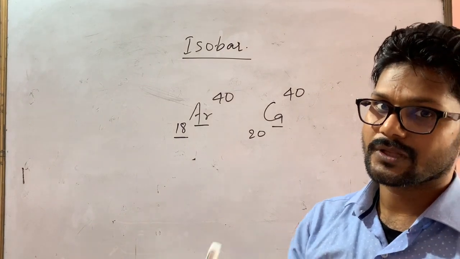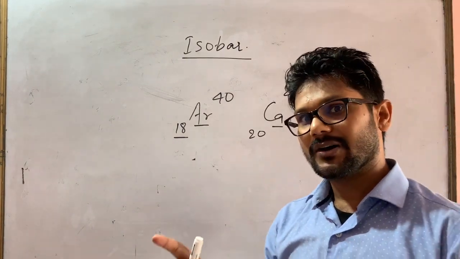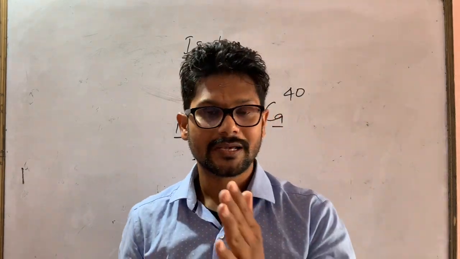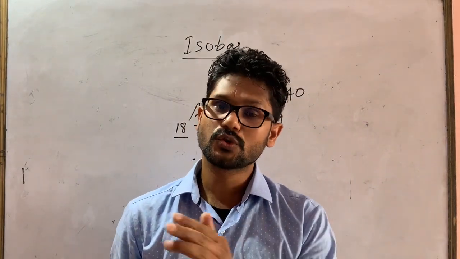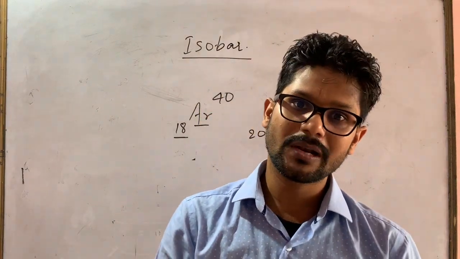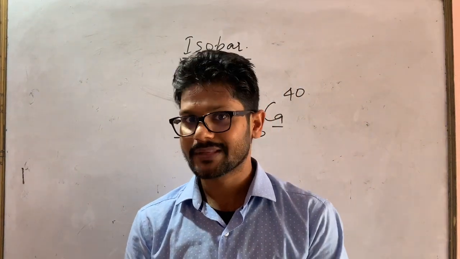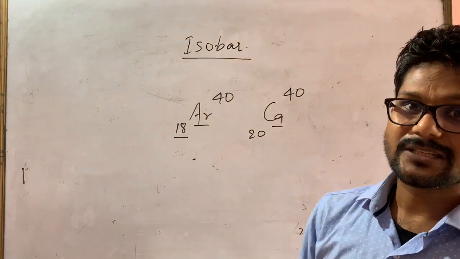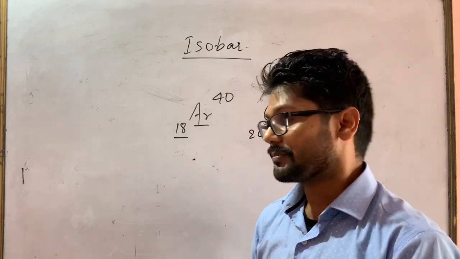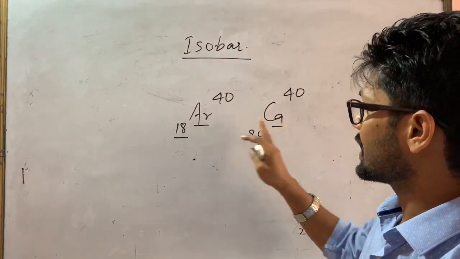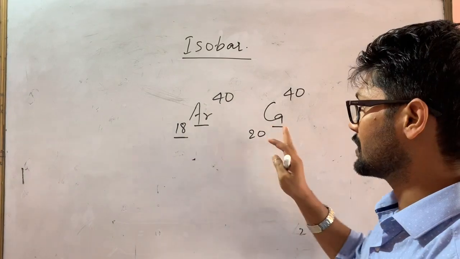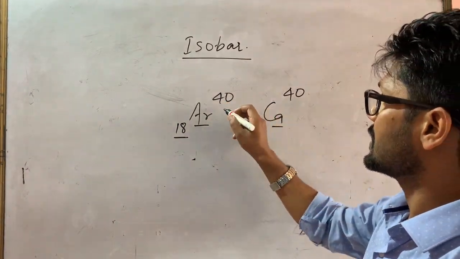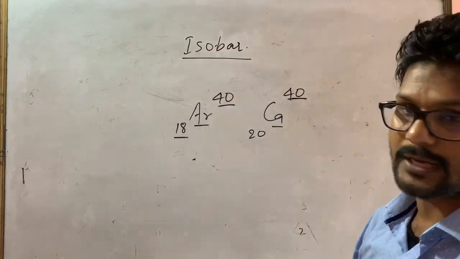In isotopes, they were the same atom. H 1 is also, I'm talking for isotopes, H 1 is called protium, H 1 2 is called deuterium, H 1 3 is called tritium. Those are the isotopes of hydrogen that we discussed. All the atoms were the same, but here you can see both atoms are different. One is argon and one is calcium, but they have the same atomic mass, right?